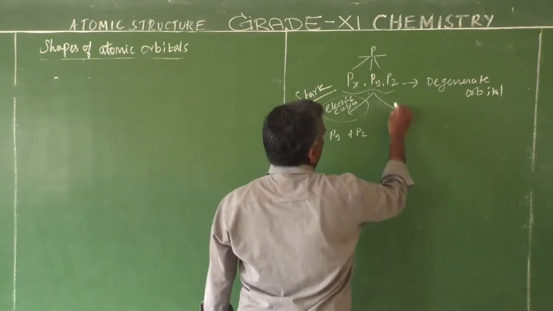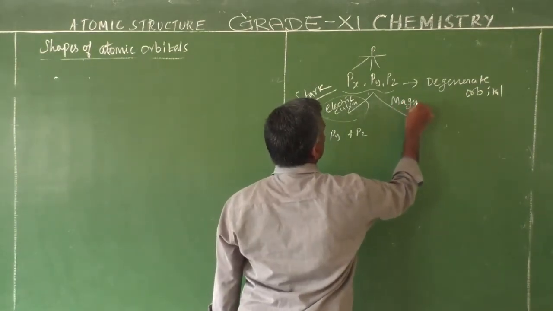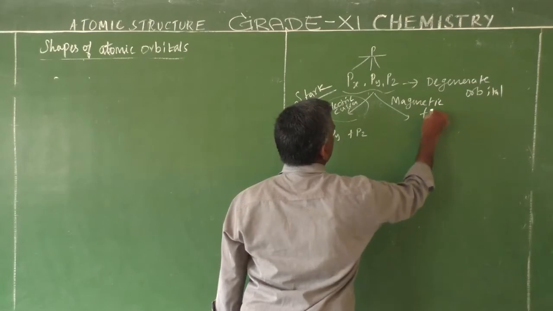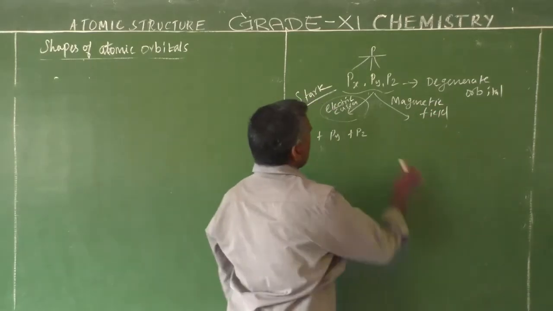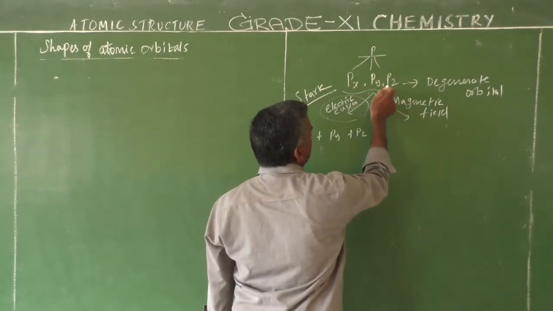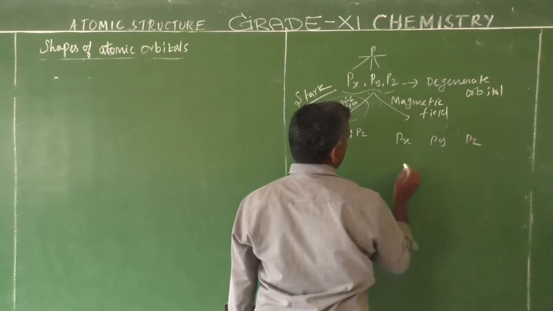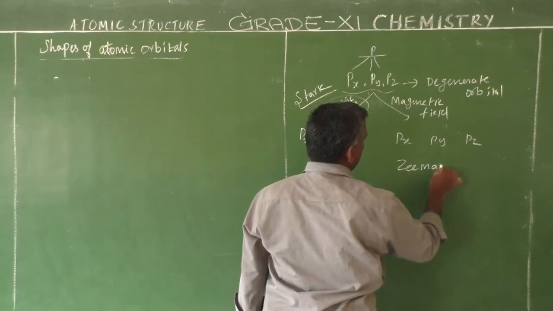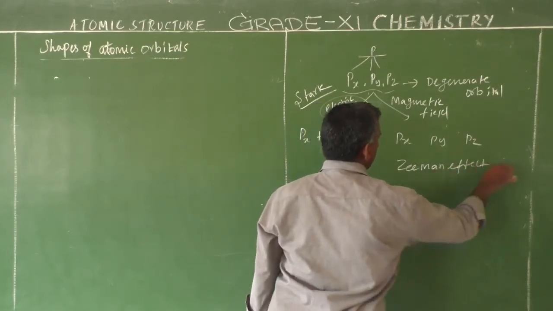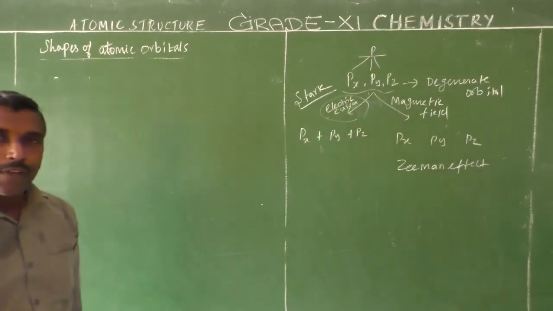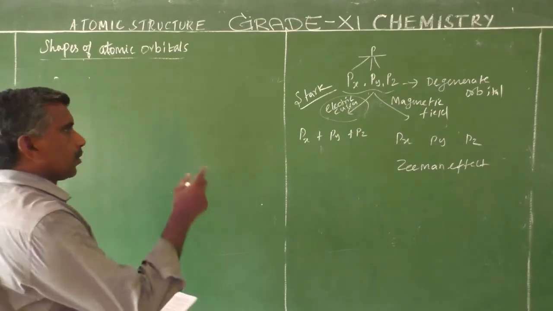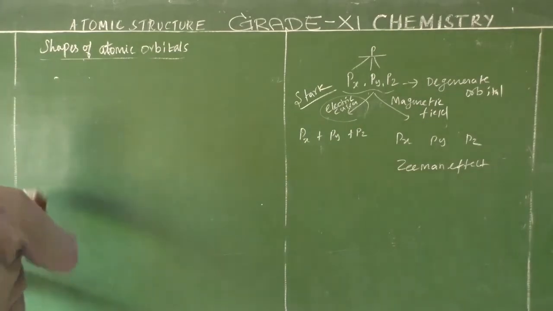Similarly, when a magnetic field is applied, the 3 p orbitals px, py, pz split. This is known as the Zeeman effect. In the previous class we learned about Stark effect and Zeeman effect. Okay, you note down this. Next, d orbital.